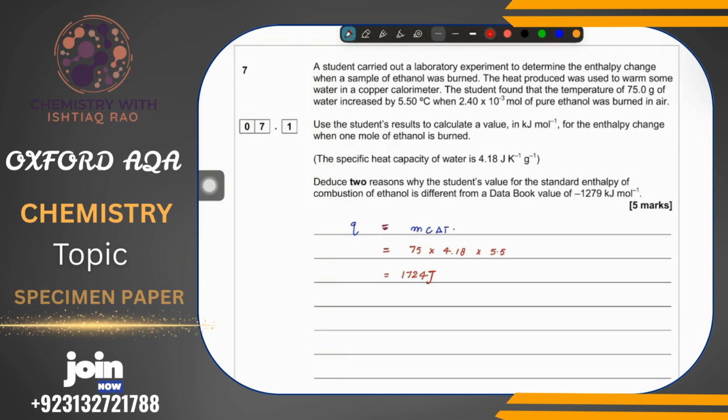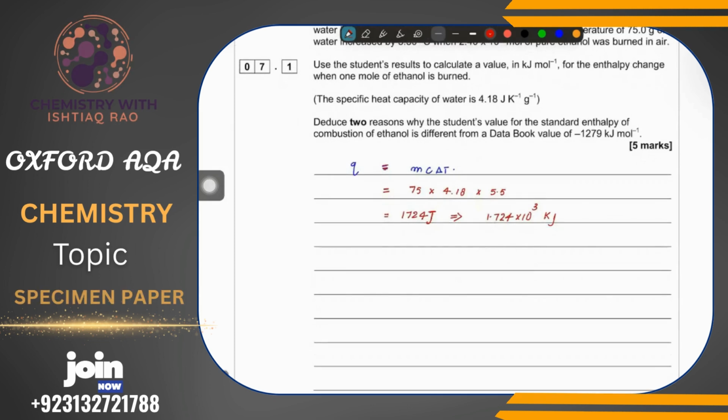What would be the answer in kilojoules? Divided by 1,000, so 1.724 times 10 to the power of 3. So of course, this is the value in kilojoules, but I have to find the value in kilojoules per mole.